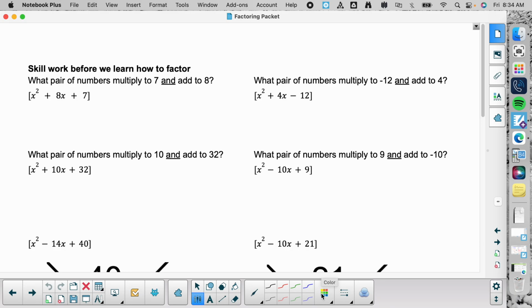Okay, here's how we're going to approach these. Some people are good at doing them in their head, others are terrible at it. And that's fine, as long as you approach it the way you need to.